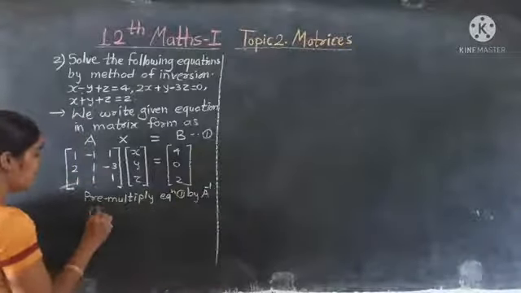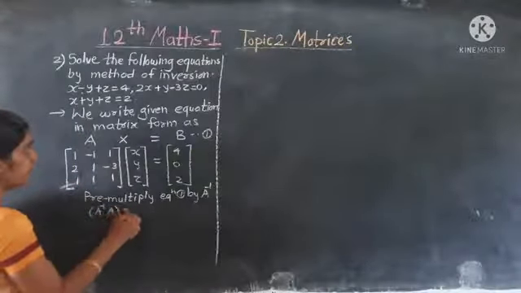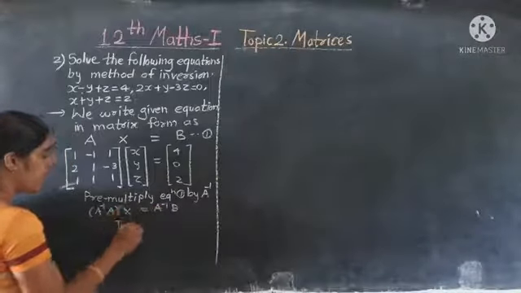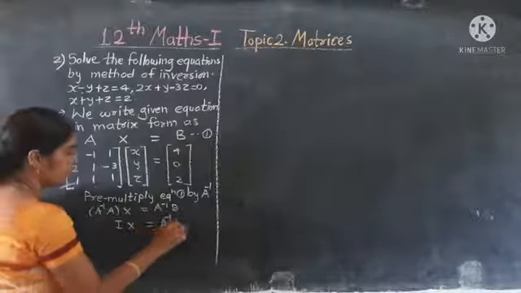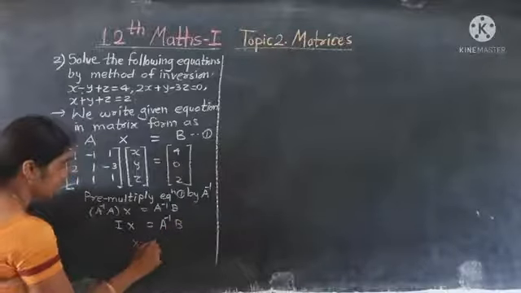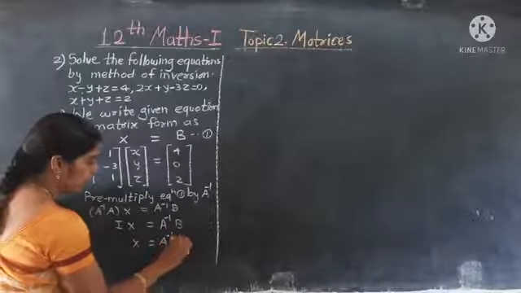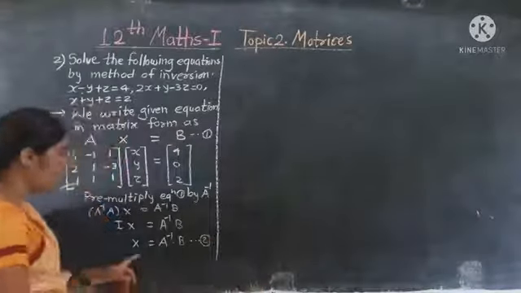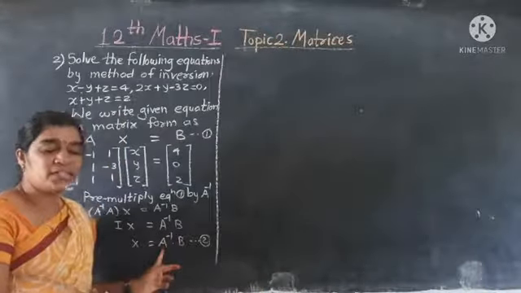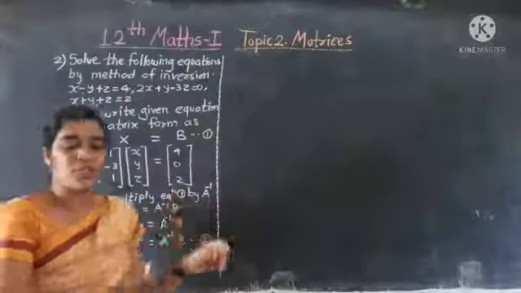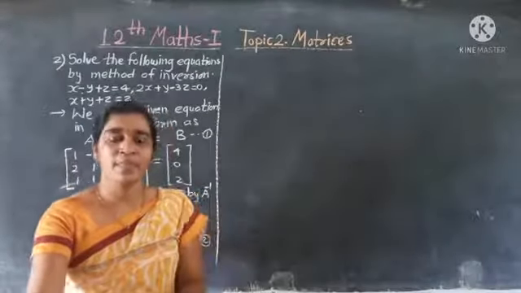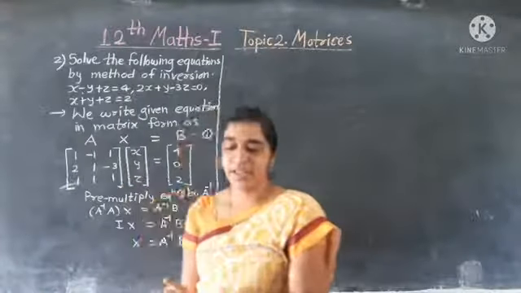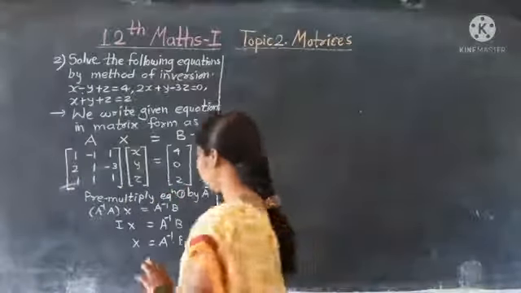See, A inverse into A into x is equal to A inverse into B. Ix is equal to A inverse into B. That is, x is equal to A inverse into B. You call this equation number 6. Okay. Now here you find A inverse by row transformation or by any method, one of the methods, by adjoint method. Here I find A inverse by adjoint method.